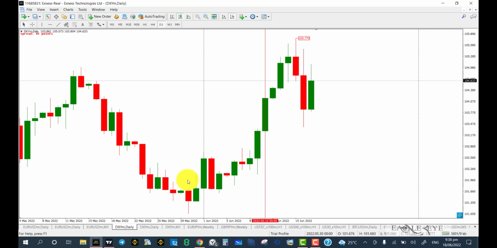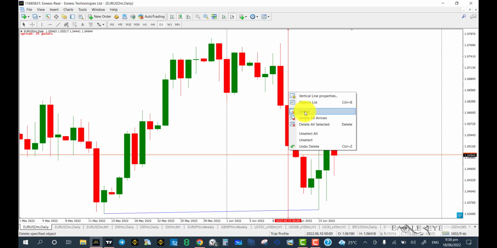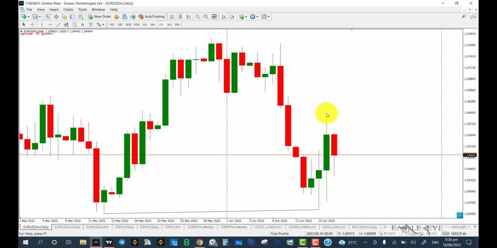Back to the EURUSD, targeting this low, what nullifies the same thing? If it should break this particular high, I'm most likely to reverse or disregard my stance on price running this low, and then my target is most likely here. But as it stands now, these are my targets.